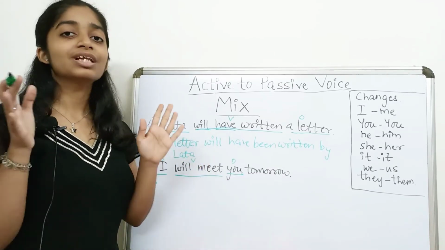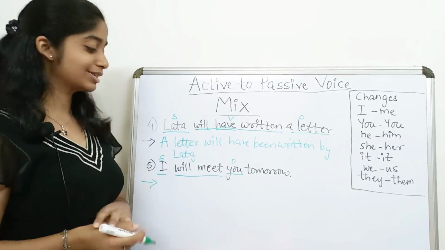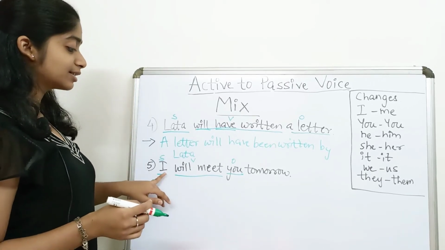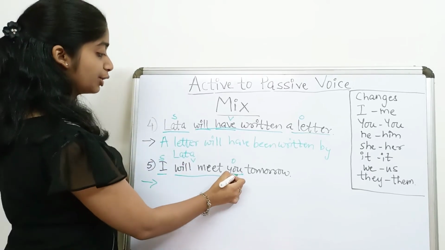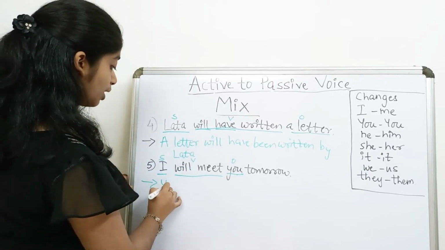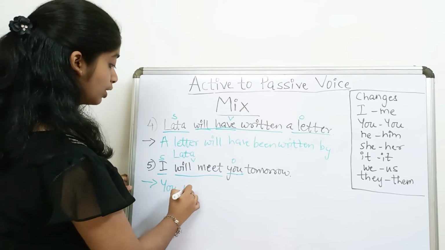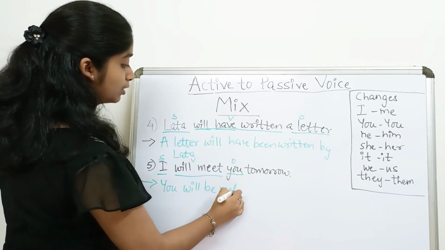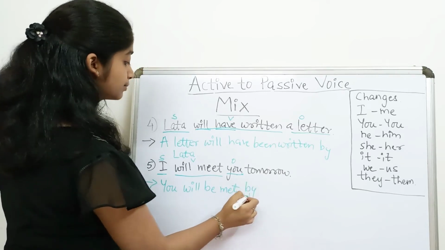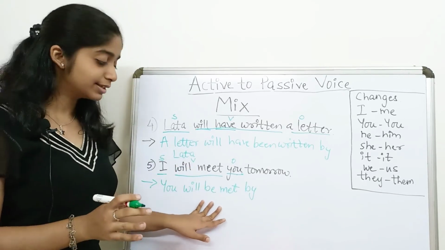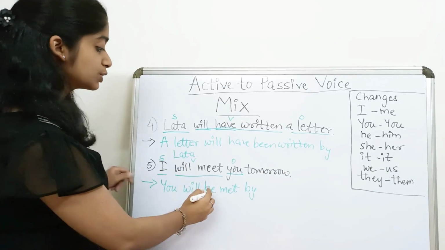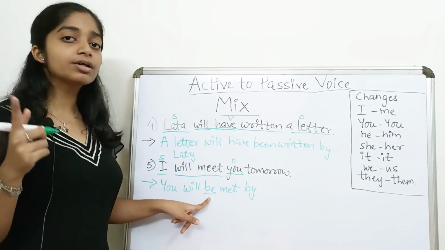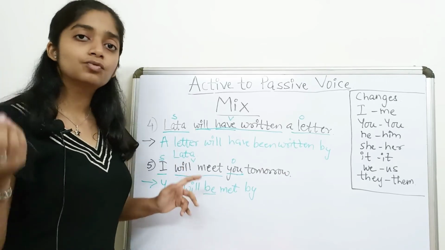Let us move on to the last sentence of the day, which is I will meet you tomorrow. So I is the subject, will meet verb, and you object. So you will come at the front. You will be met by. Now have a look at this. We have used BE, not BEING or BEEN. Why?